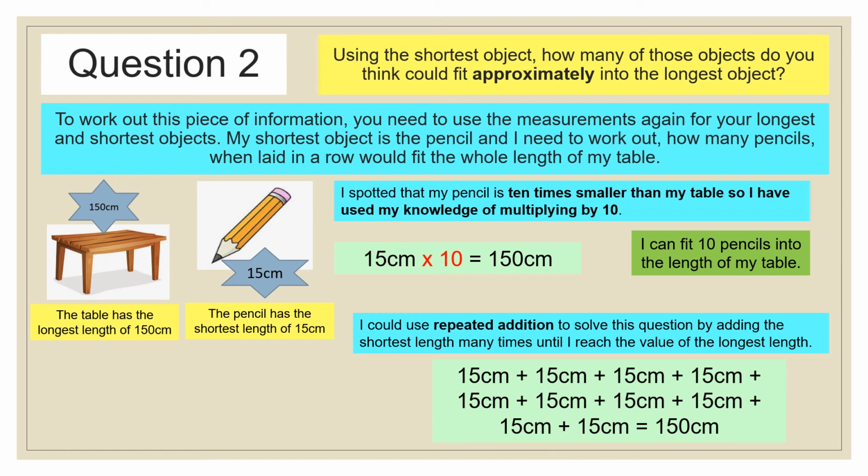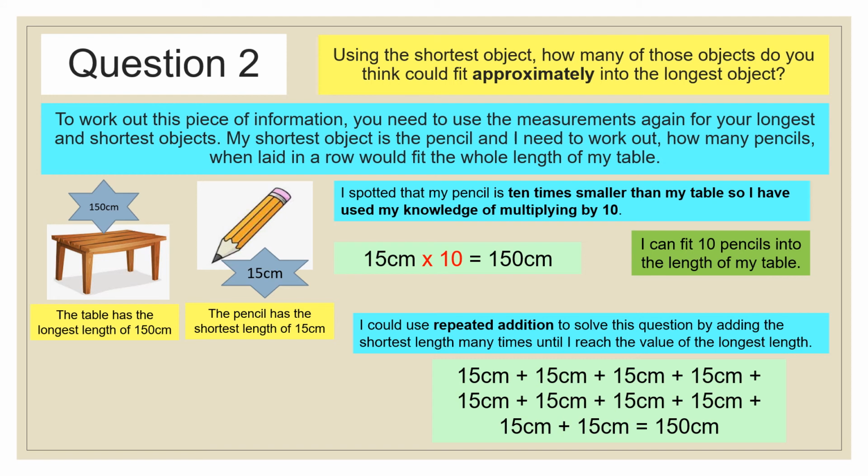Now, if my pencil was only 14 centimetres long, I would still be able to fit 10 pencils at 14 centimetres into my table, but that would only give me the length of 140 centimetres because 10 pencils that measure 14 centimetres will give you the length of 140 centimetres. Now I can't fit another 14 to 140 centimetres to be able to reach the length of 150 centimetres.